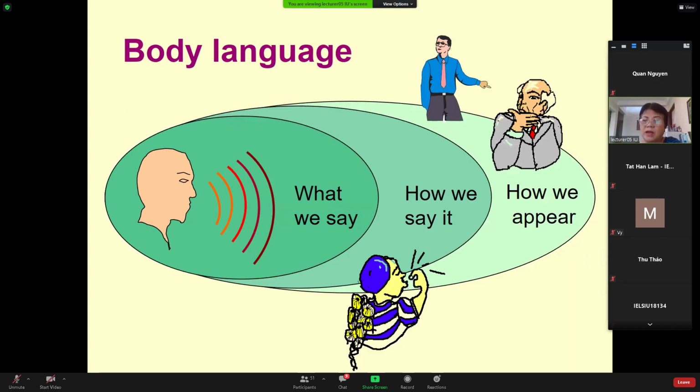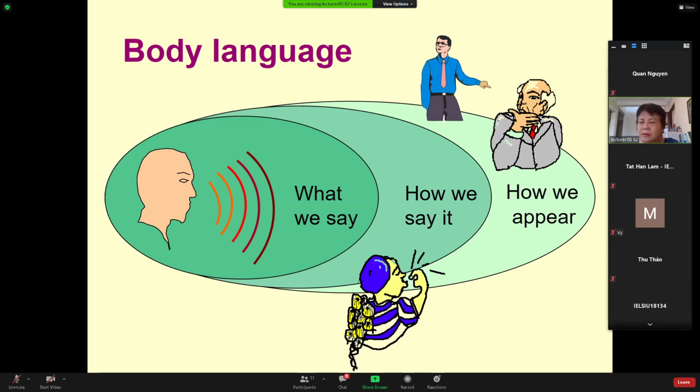Now, body language: what we say, how we say it, and how we appear to the other party. That's important in the tactics of negotiation. Because we have to maximize all the body language that we can have when we come to the negotiation.